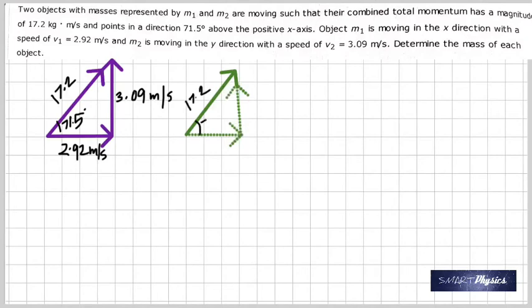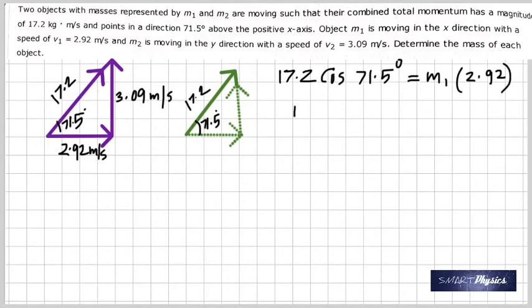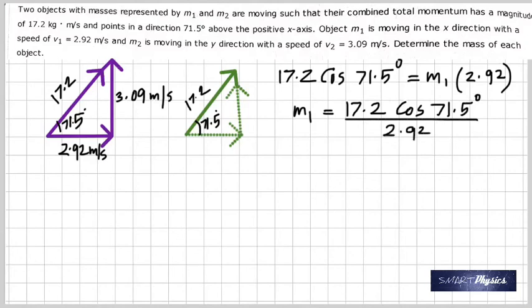When you take the component on this side, you get 17.2 cos 71.5, which should be equal to mass times velocity of the first object. The velocity of the first object is 2.92. Rearrange that, you get the mass: 17.2 cos 71.5 degrees divided by 2.92. On calculation, you get 1.87 kilograms.